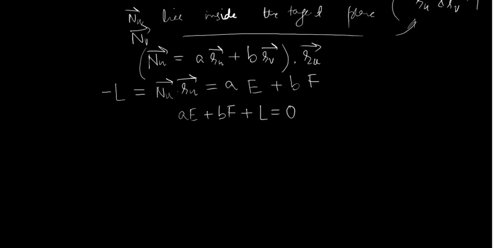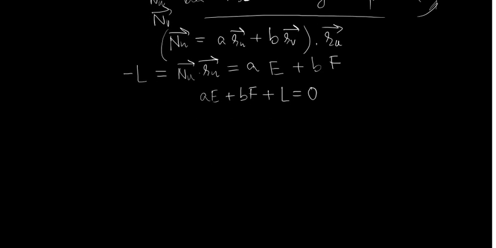Now another equation would be, I could write n_v as some linear combination of Ru and Rv.